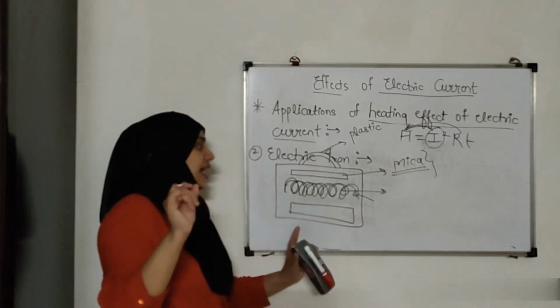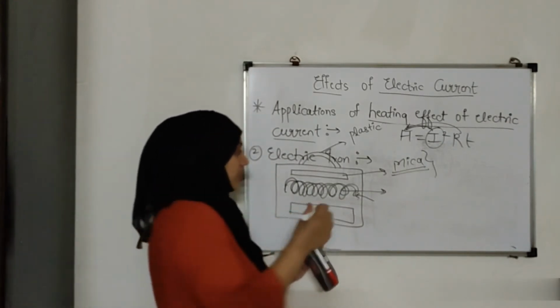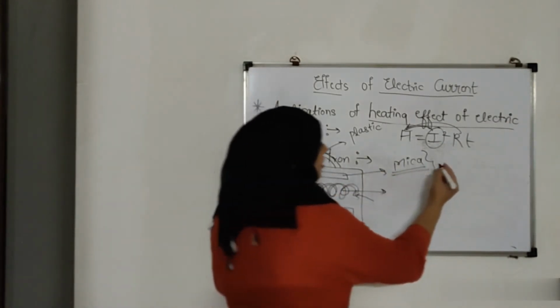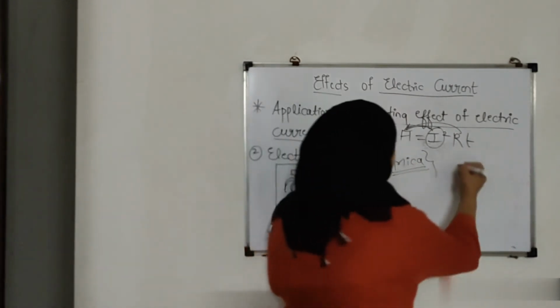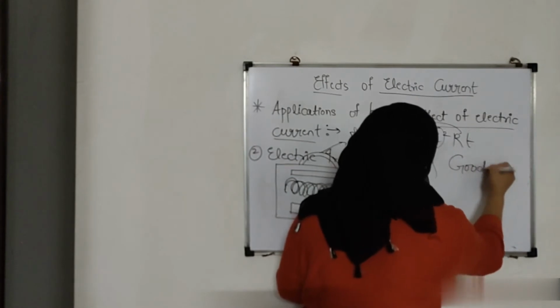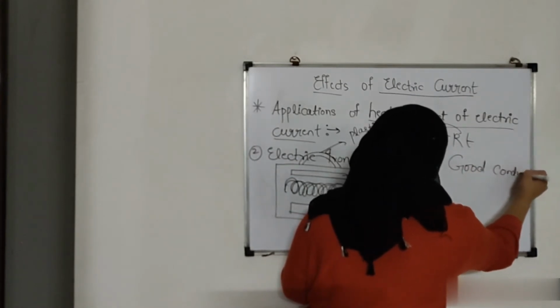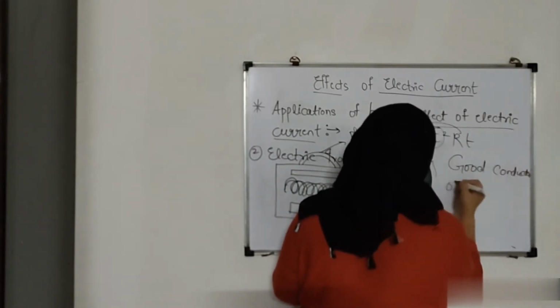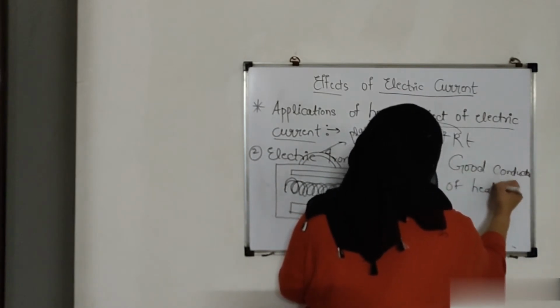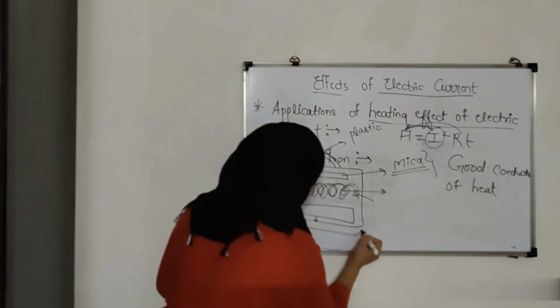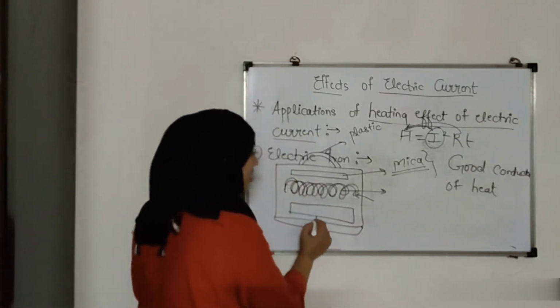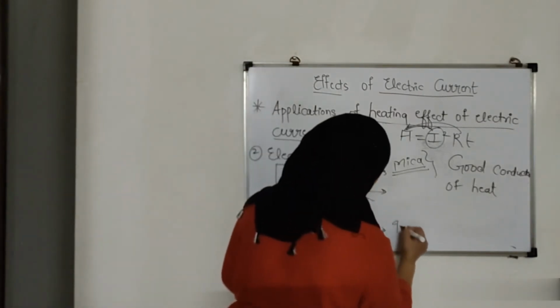It is used in an electric iron. It is a good conductor of heat, so it passes the heat to the lower surface of our iron, and that heat we use for ironing clothes.